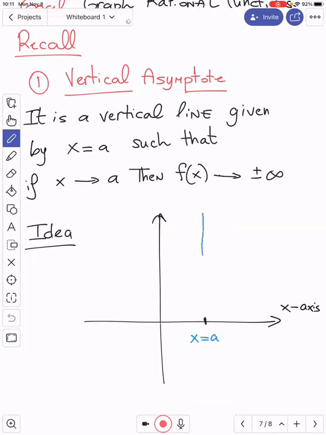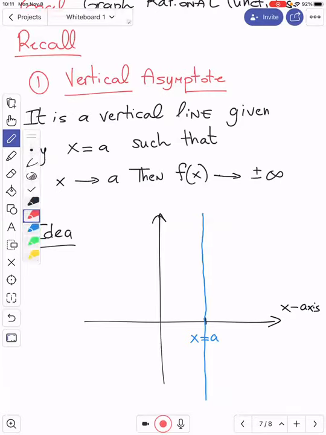It's a vertical line, x equal to a. And if this is a vertical asymptote for your graph, then what happens is the following: the values of the function f are going to approach infinity as x approaches a.